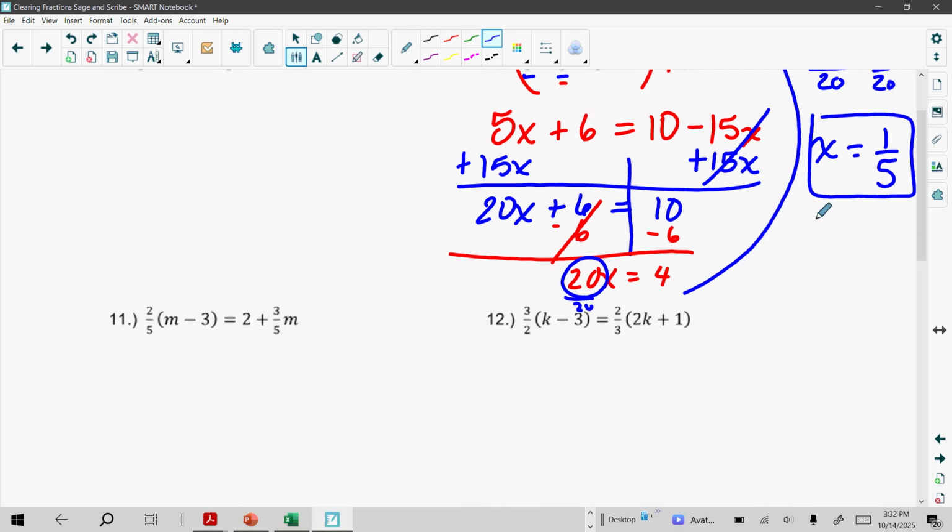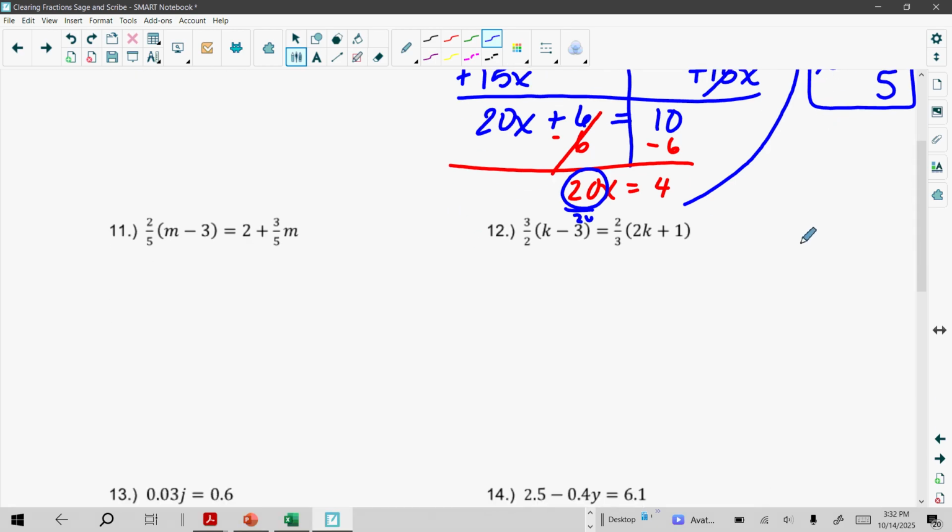Now, if you have parentheses like we do here on 11, don't forget to distribute first. Okay, distribute the 2/5 to each term first. So 2/5 m minus 6/5 equals 2 plus 3/5 m.